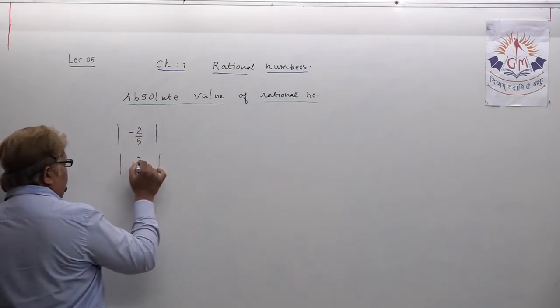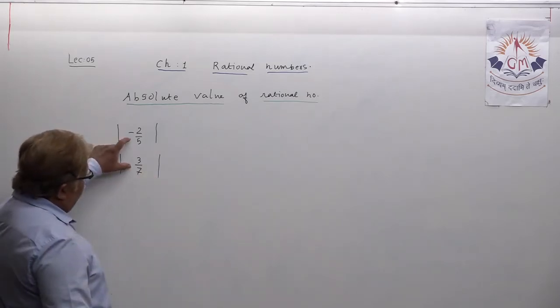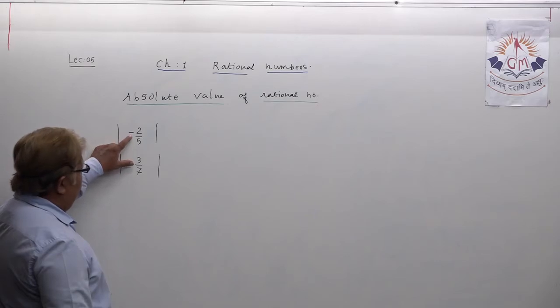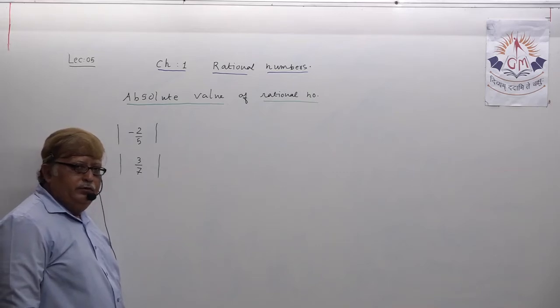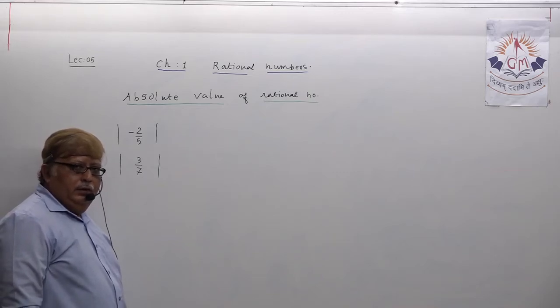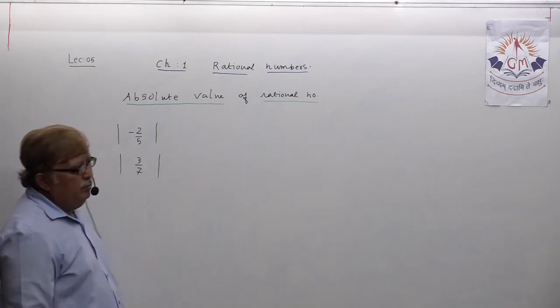One I write here 3 upon 7. I have written two rational numbers here. One is negative and one is positive.